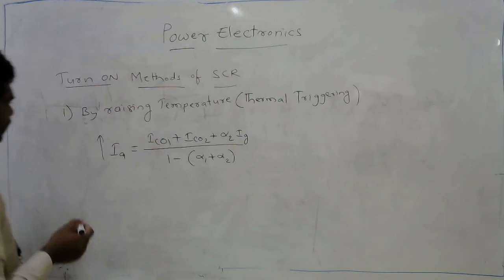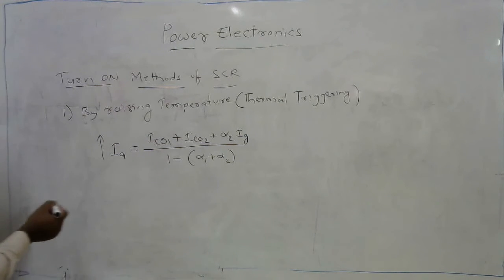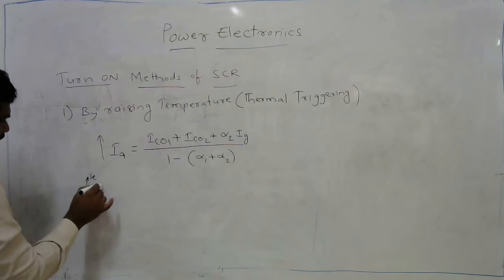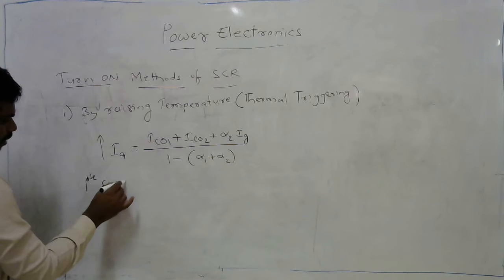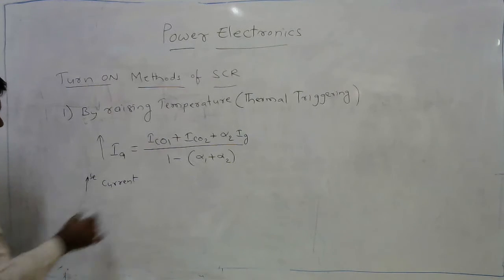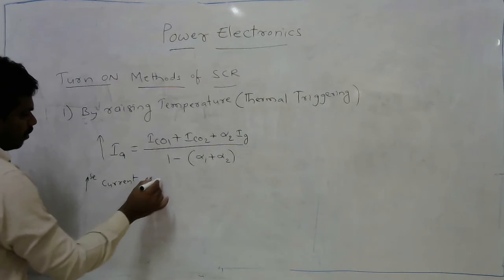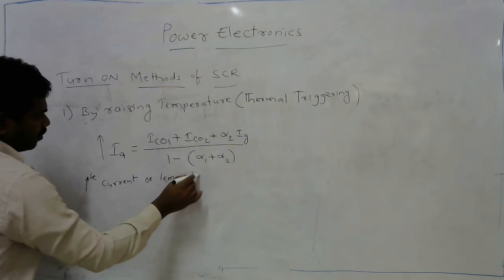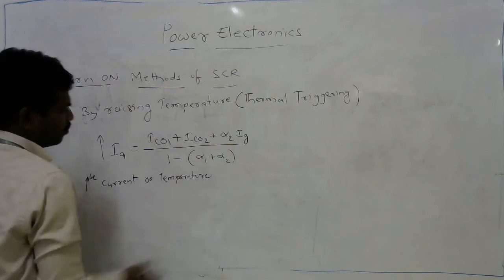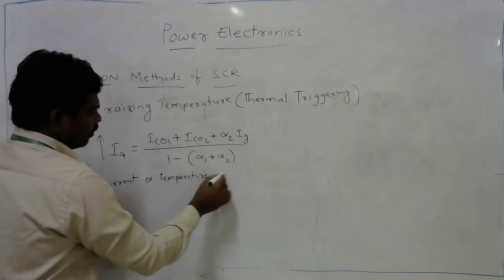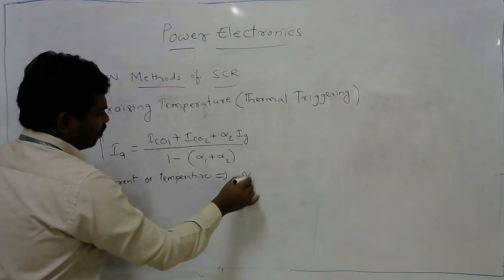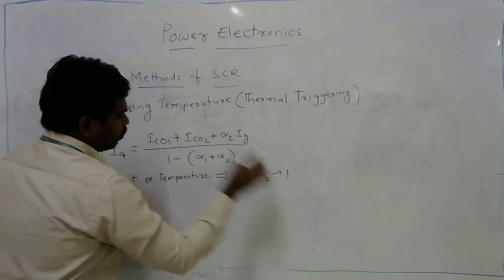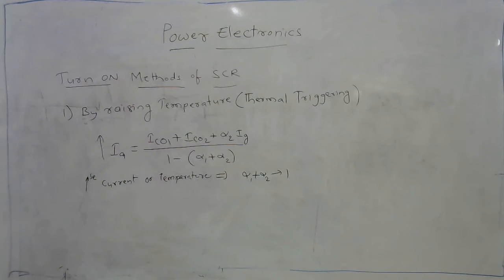There are two ways we can analyze this. By increasing either the current or the temperature of the device, alpha 1 plus alpha 2 tries to reach unity value.